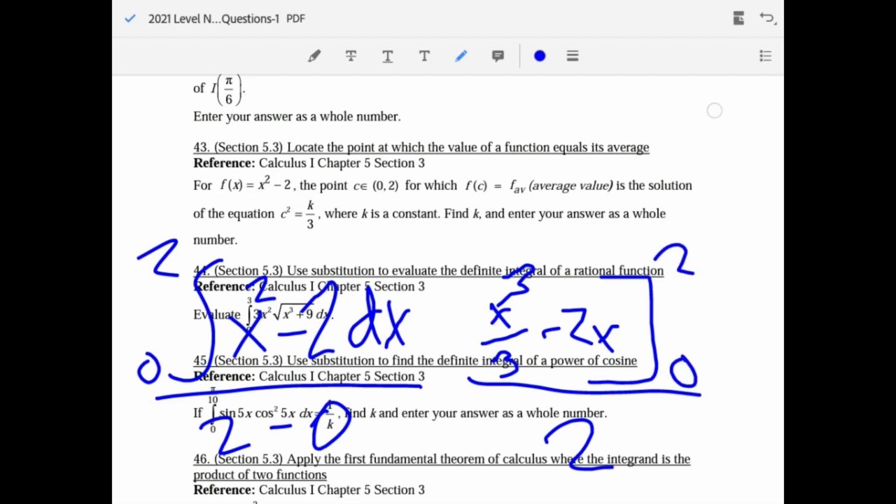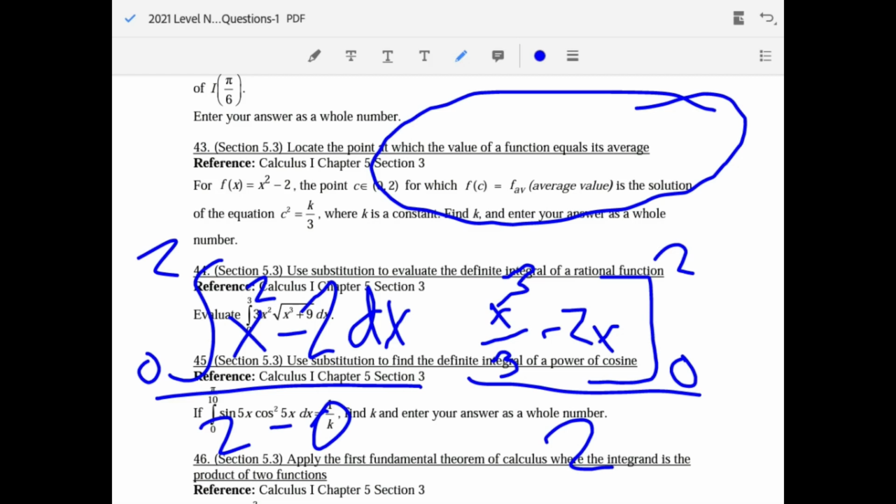So then the final answer will be, for f average, x cubed you sub it in, so 2 cubed, 8 over 3 minus 4. 8 over 3 minus 4 is 12 over 3, so 8 minus 12 is minus 4, so it's minus 4 over 3, and then divided by 2, it's minus 2 over 3. That's the average value.